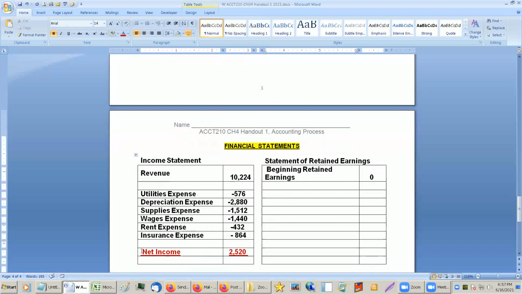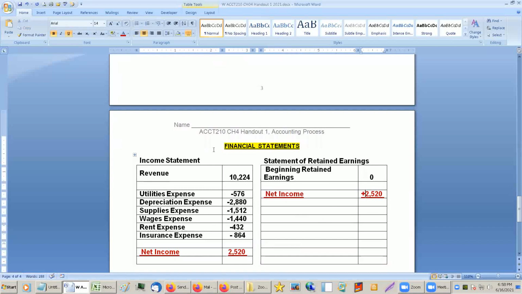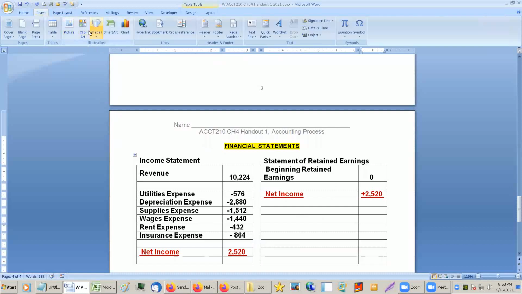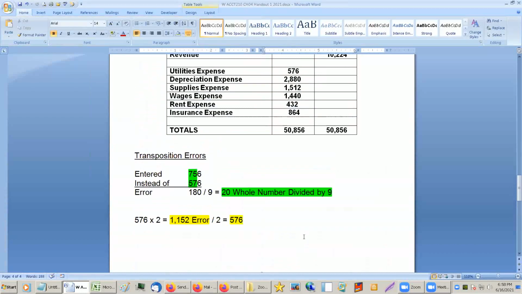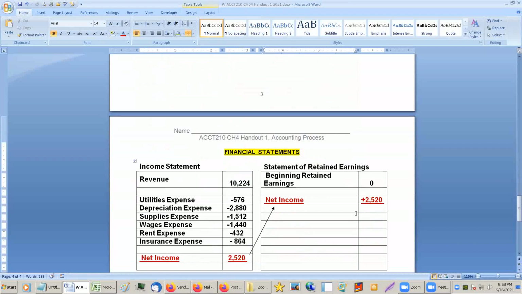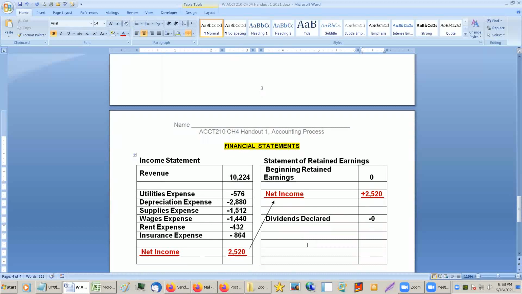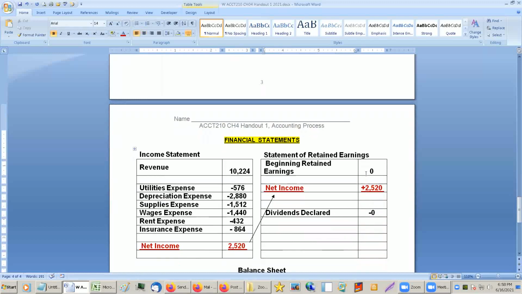We have our net income. Don't think we had any dividends. We did not. If we had some, we would have them here. The ending retained earnings is really just what the net income is.